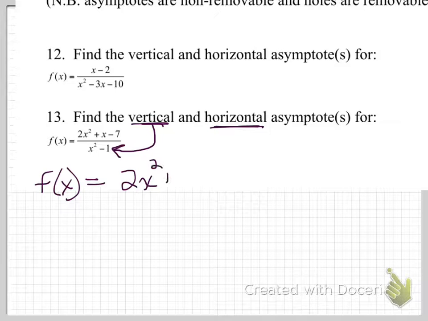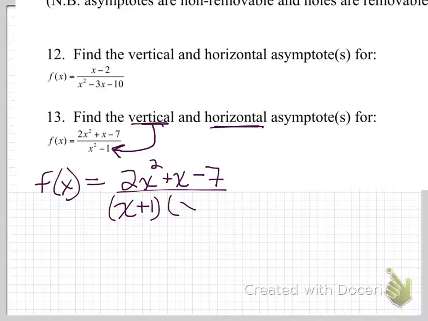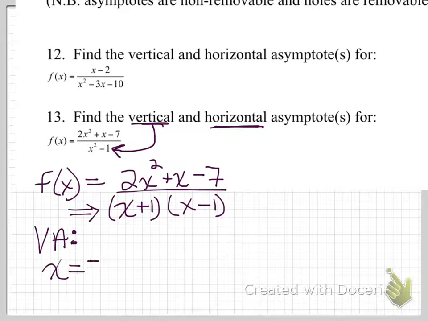That tells me that I do not have any removable discontinuities because I can't remove them by factoring and canceling. Here is a perfect square on the bottom, so when you break it up, it looks like that. The bottom is going to give me my vertical asymptotes. The vertical asymptotes will be the lines, and you have to write them as lines: x equals negative 1 from this one, and x equals positive 1 from the second factor. So set your factors equal to 0 and solve.